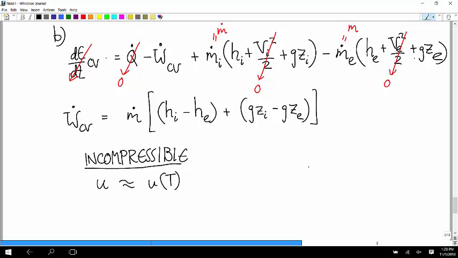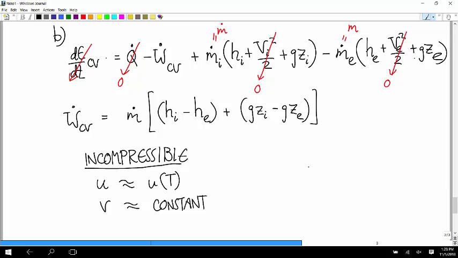In other words, at two different temperatures, no matter what the pressures are, the internal energy is going to be the same. And we're also going to assume that the specific volume is a constant because the density is a constant.